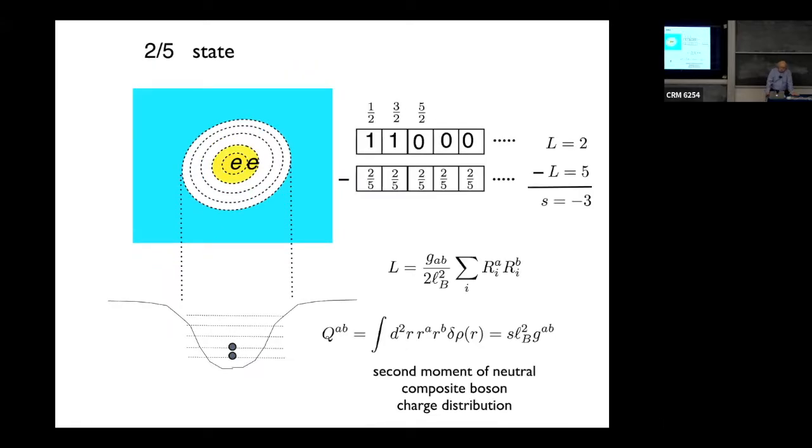One can identify the levels inside the droplet, roughly speaking, with Jain's idea of pseudo Landau levels. Jain's picture of the 2/5 state in composite fermion language would be that you have 2 Landau levels which are occupied.